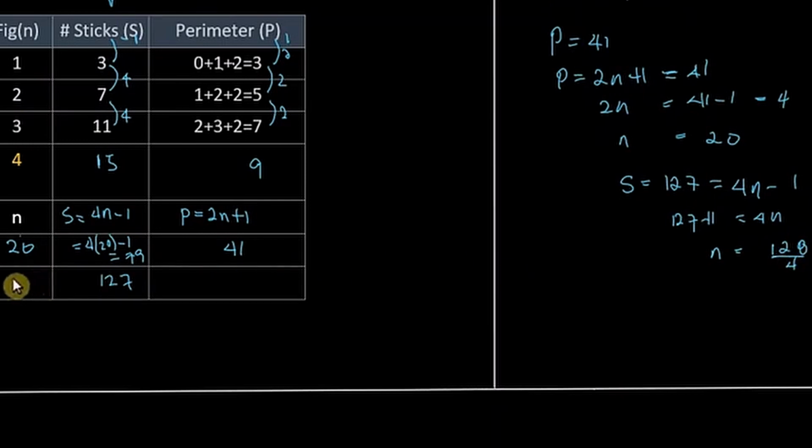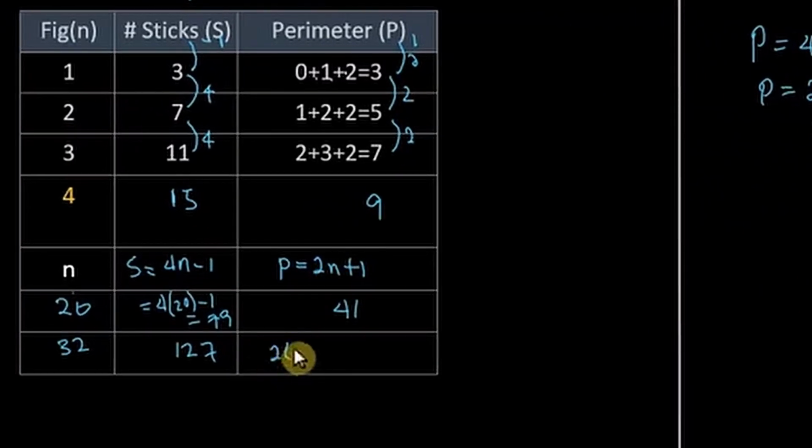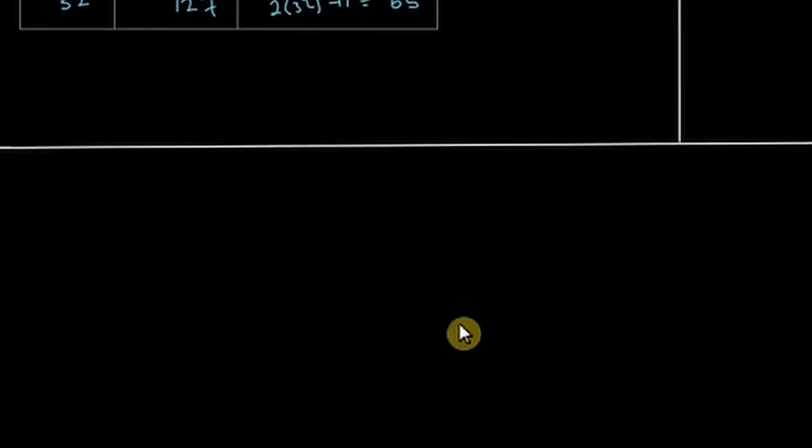So we could write 32 here, and we could also calculate the value of p, because p is equal to 2n plus 1, so we could write 2 times 32 plus 1, and that is equal to 64 plus 1, or 65. Let's go on to question number 9.